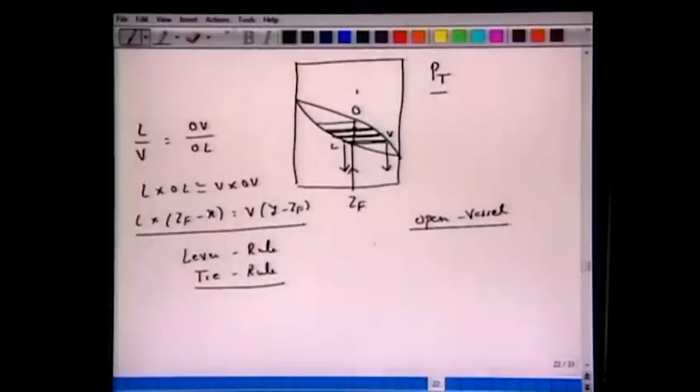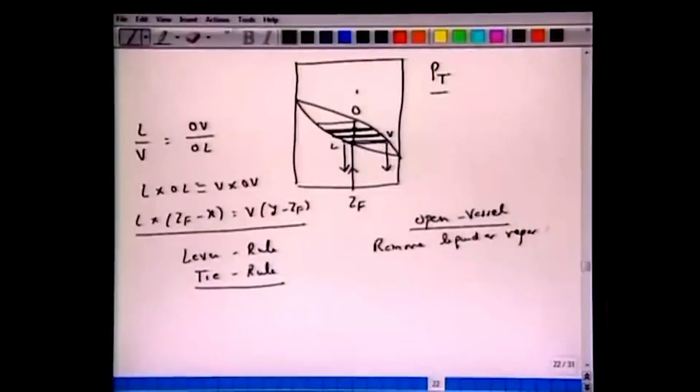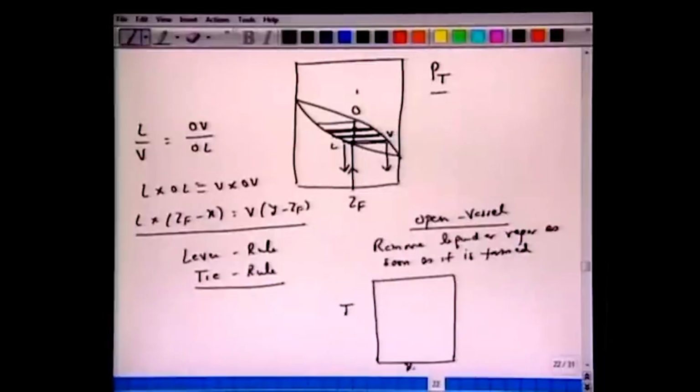If you do this experiment in an open vessel, what Txy you will obtain, that's very interesting, and you must understand that this is consistent with your experiment. So if you do this experiment in an open vessel where you remove liquid or vapor as soon as it is formed, it's not difficult to understand that now we have this Txy diagram.